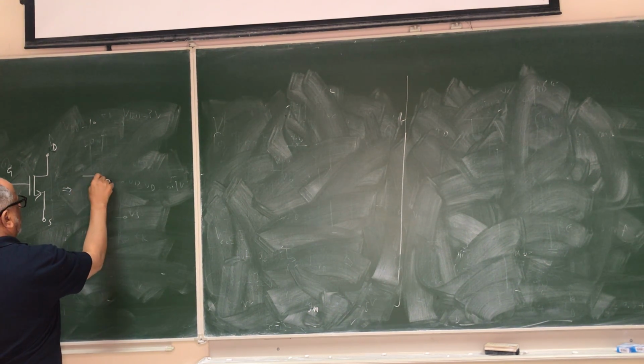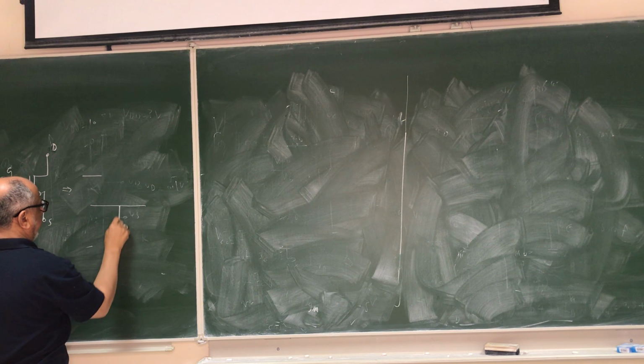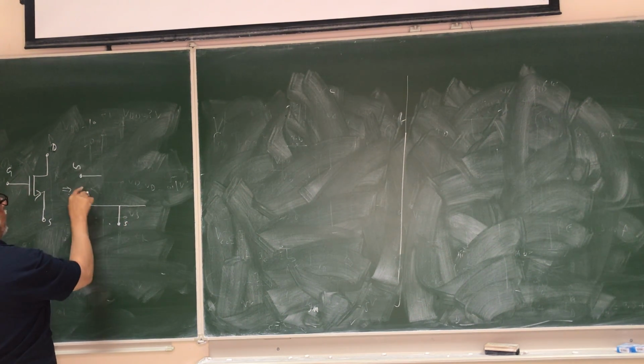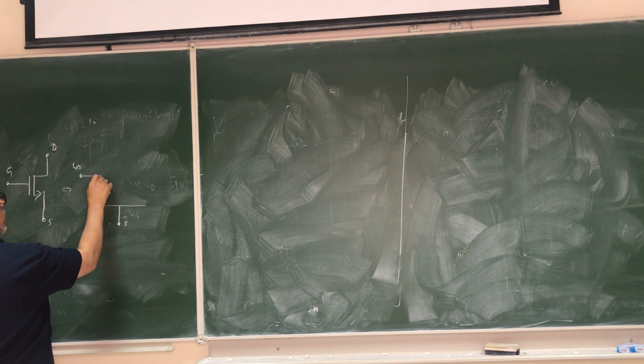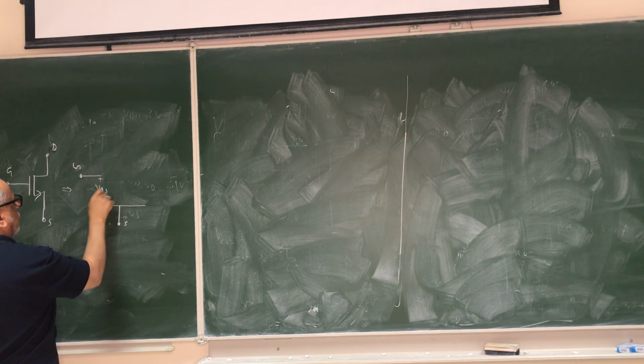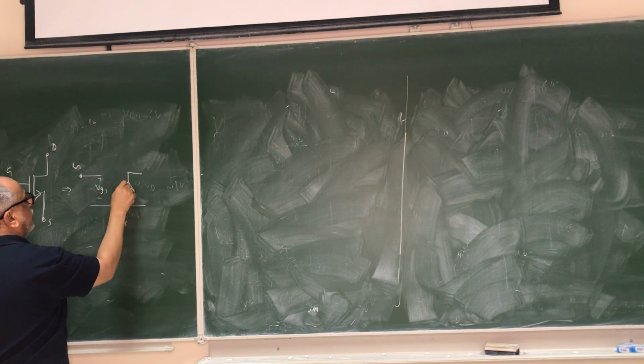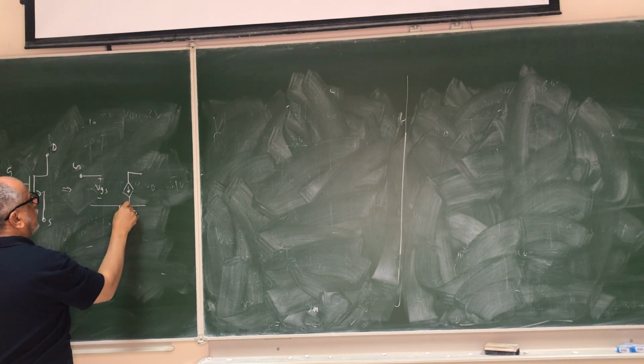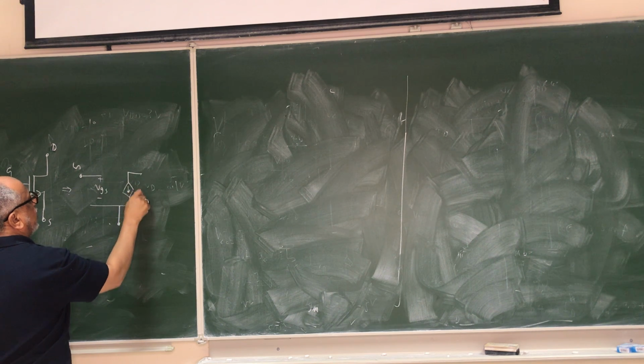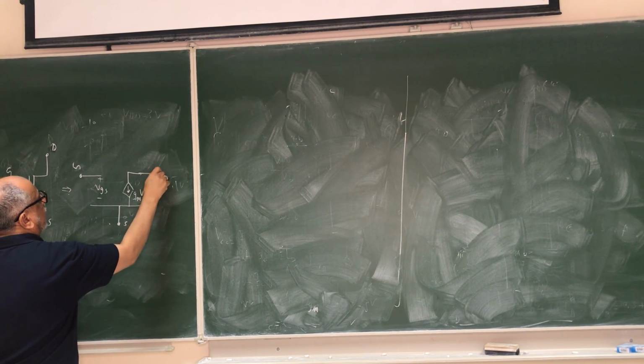So the equivalent circuit will be open circuit here, right? This is the source, this is the gate. Since there is no current here, the voltage from the gate to the source is VGS, and this will be GM VGS. This is the drain.